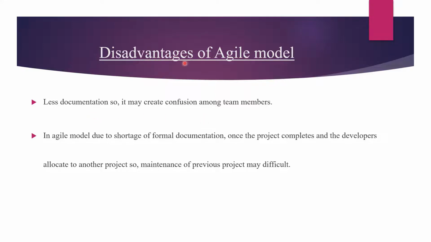But in this model there is less formal documentation, so it may create confusion among team members. Also, due to the shortage of documentation, once a project is deployed to the client side or production side, the developers are allocated to another project, so if any bug or defect comes up in that project, the maintenance of that project may get difficult.